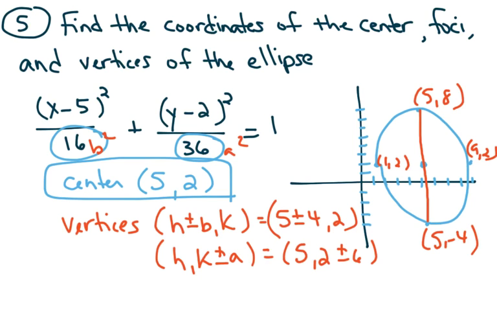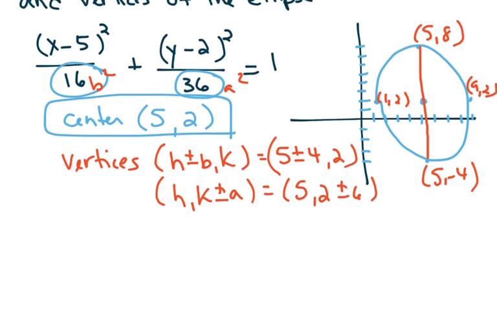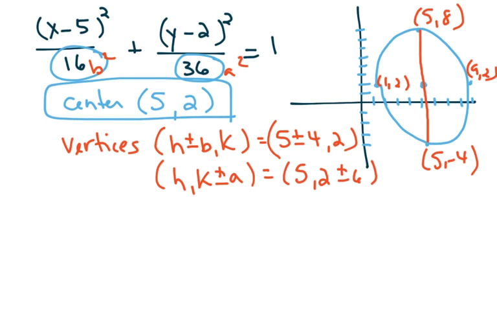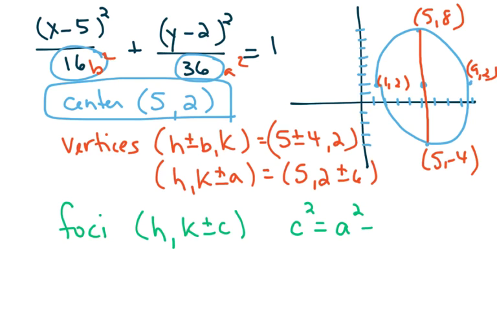Then the foci. You have to know how the ellipse is elongated, because how you're going to find the foci depends on how it's elongated. Since it's elongated vertically, the foci are going to be at (h, k plus or minus c), where c squared is equal to a squared minus b squared.